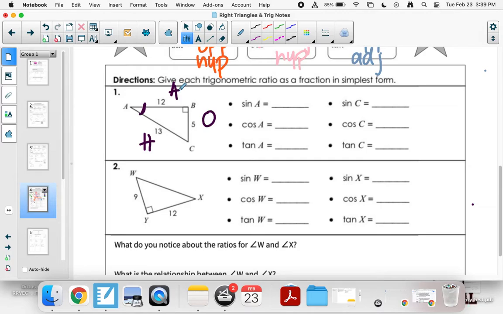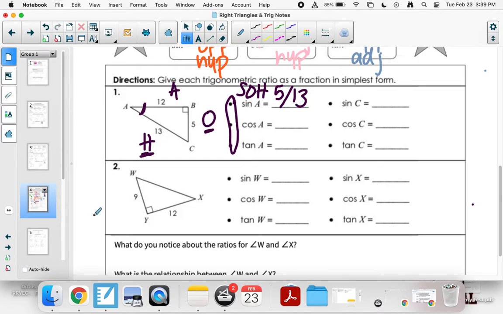So we're gonna fill out this A column first. The sine of A: the opposite has to go on top. Opposite is 5, so 5 divided by the hypotenuse, which is 13. I can't simplify that fraction, so I just leave it 5 over 13.